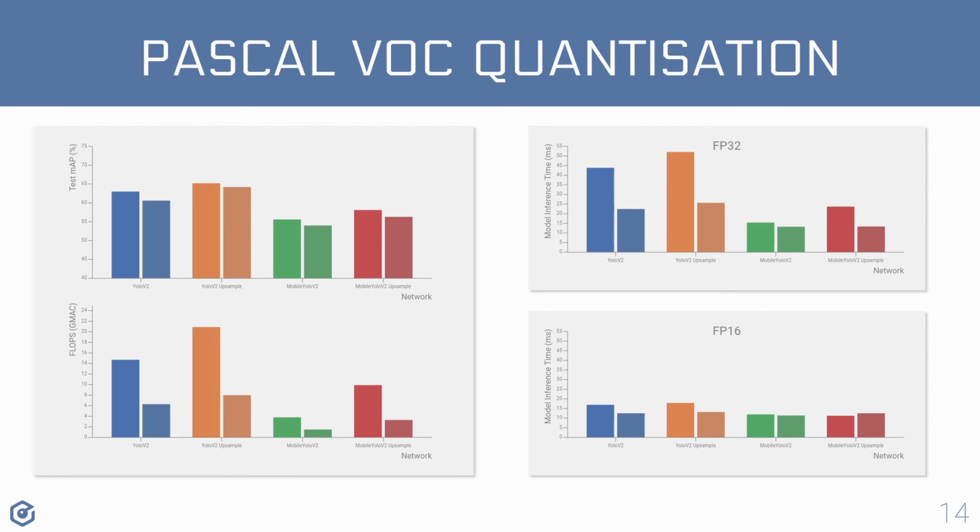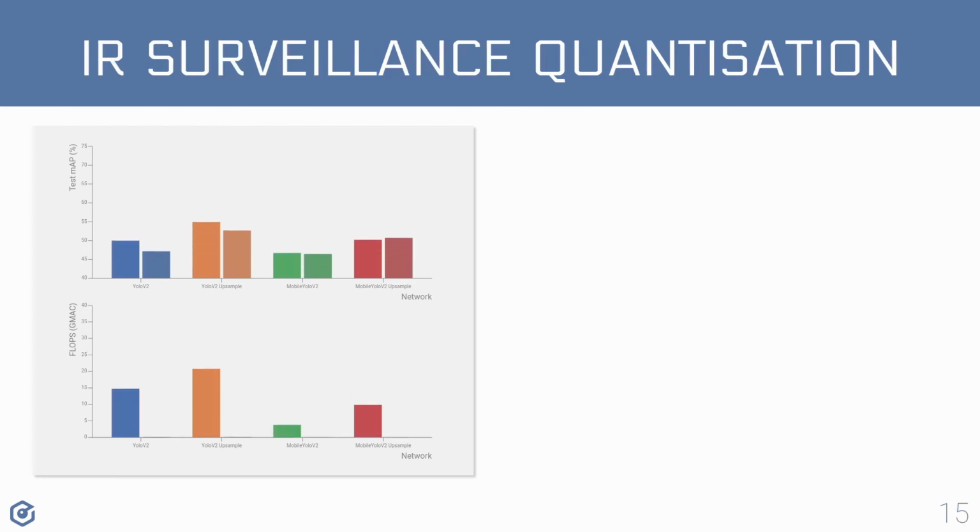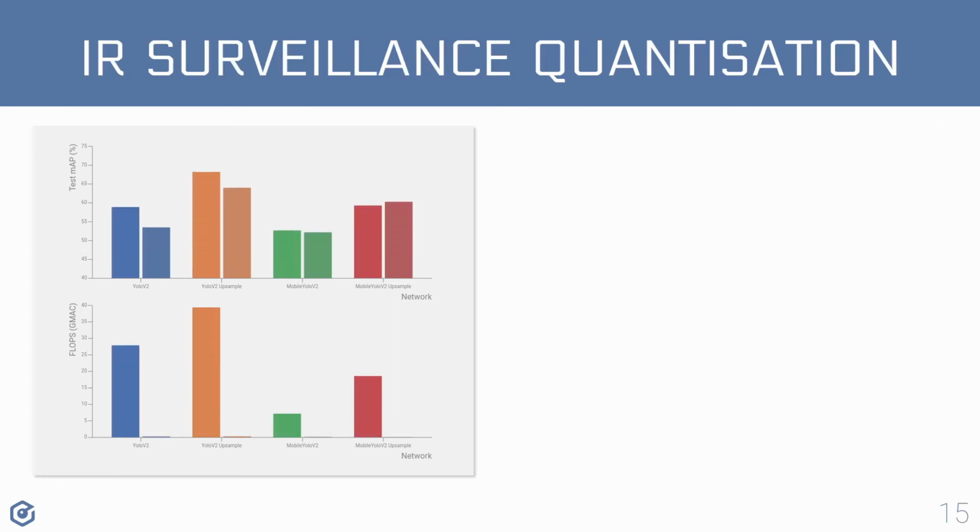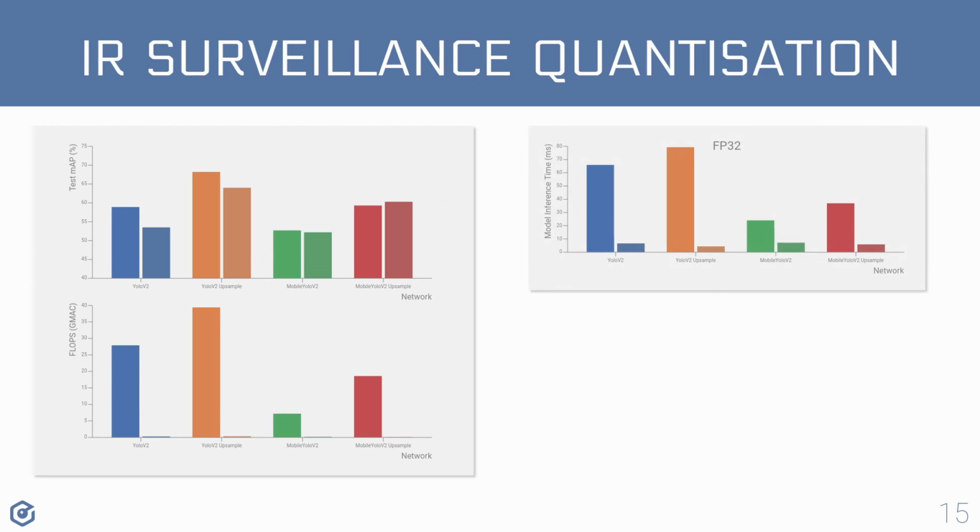Performing the same test on the surveillance data is also really important and really interesting, because here our results are much more impressive if we look at the pruning side of things. Taking a look at the 32-bit floating point runtimes, we see some really impressive charts here, and the fastest network is actually YOLO v2 upsample and not the mobile YOLO.